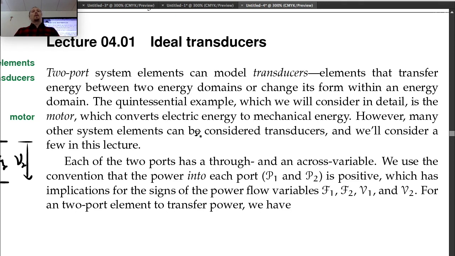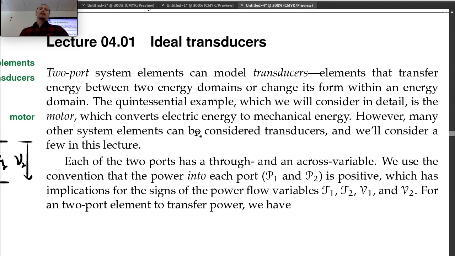Also, you can change its form within an energy domain. We'll consider one example of that today, and that would be the gear. So you can trade off power flow variables using a transformer or a transducer as well. The quintessential example of a transducer, which we will consider in more detail in later lectures, is the motor, which converts electric energy to mechanical energy.